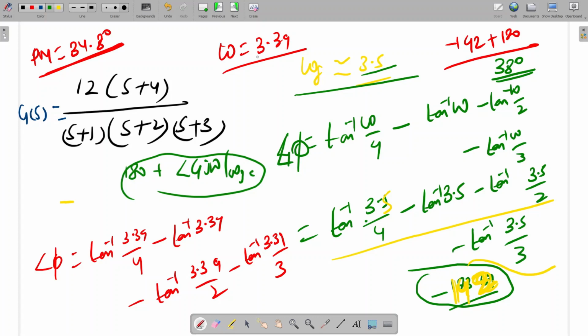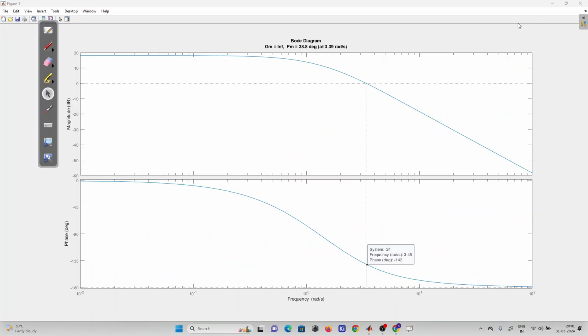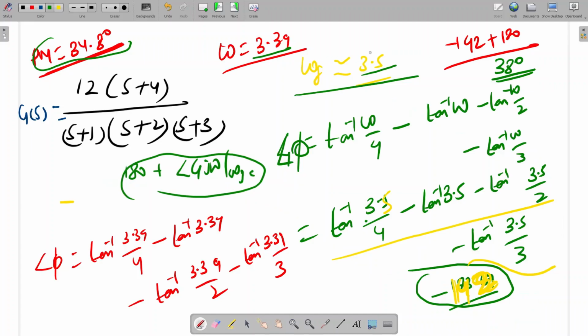If we put 3.39, then we'll get this one. But we'll see how much we are getting in this one. 38 only we are getting, na? See. So I think 3.5 is correct only. 3.45. We saw here 3.39, which means 3.4, and what we have calculated is 3.5. So this is correct only. Almost 38 degree phase margin. Is it clear to all?